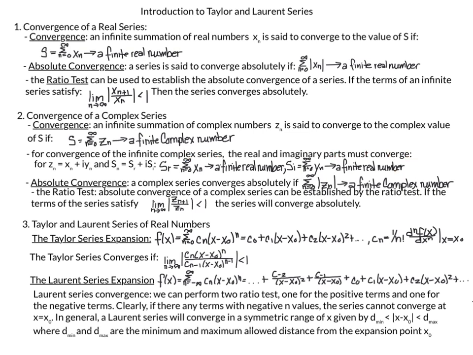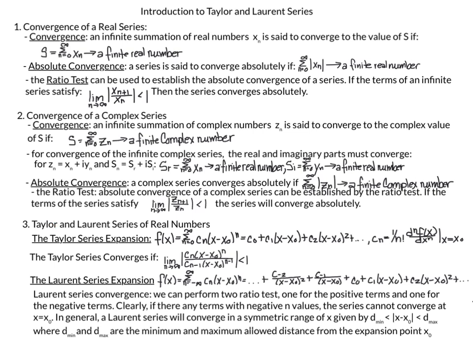What we used to prove convergence was the ratio test, and it proved absolute convergence, sort of like absolute convergence up here. A complex series converges absolutely if the sum of the absolute values of z sub n approaches a finite number, and we have this ratio test to determine if an absolute series converges. It converges if the limit as n approaches infinity of the absolute value of z sub n plus 1 over z sub n is less than 1. And we did several examples.